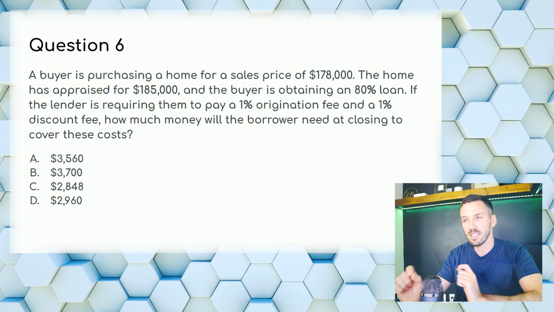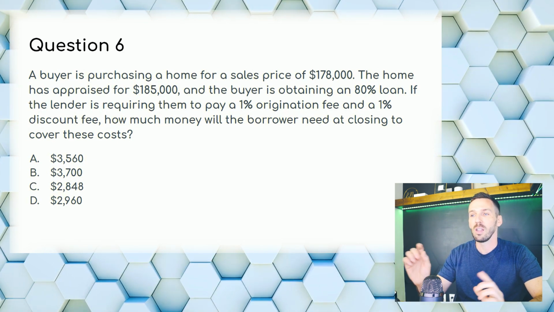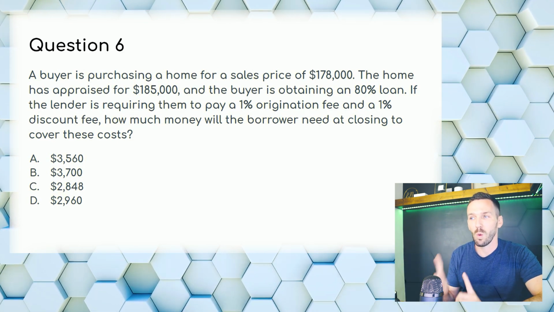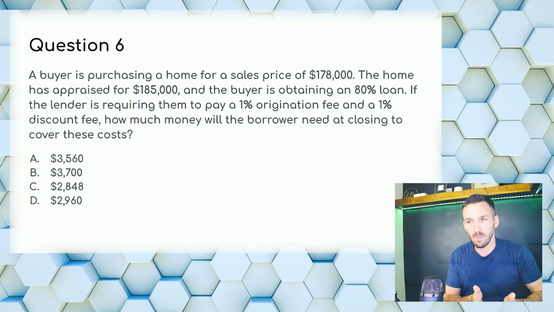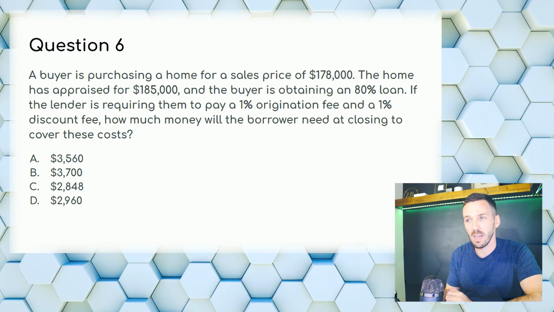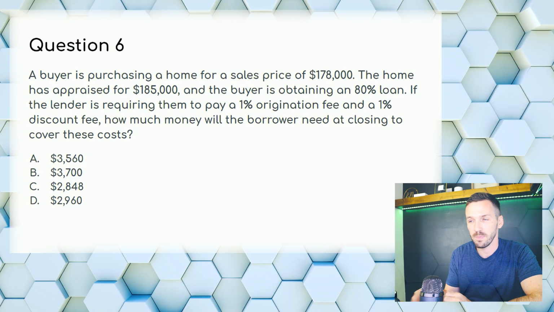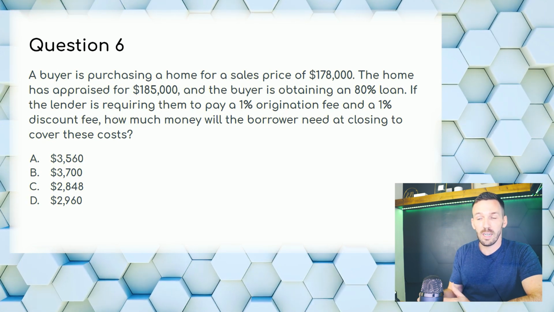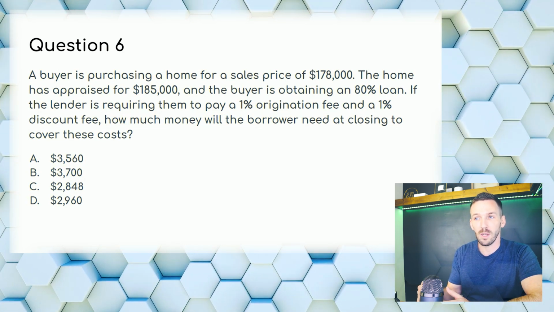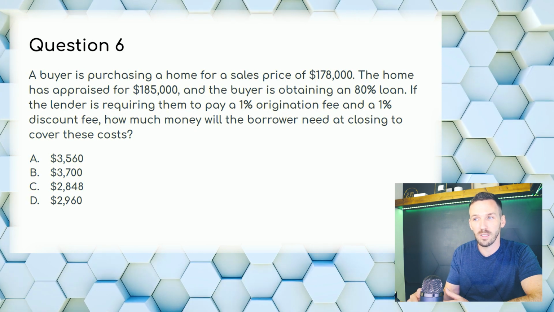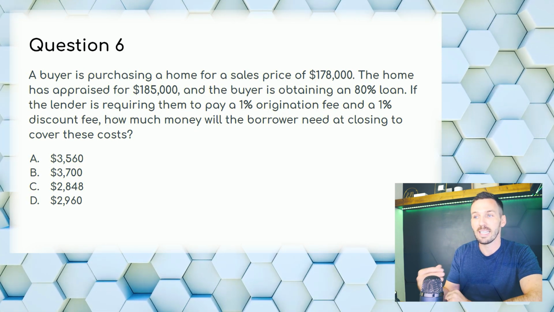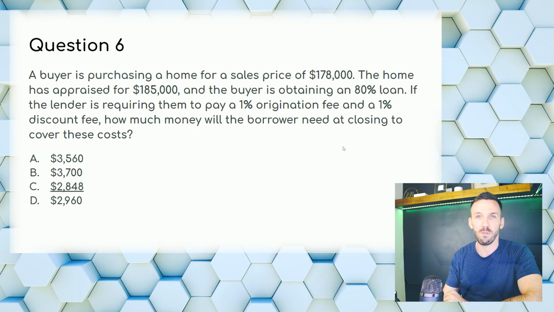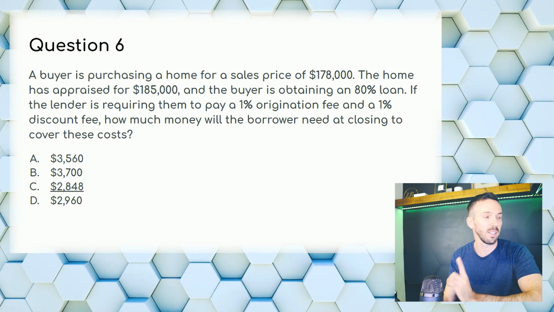The appraised value doesn't matter here at all. The origination and discount fees are 1% of the loan amount. Loan amount is 80% of $178,000. So $1,424 plus $1,424, the two 1%, is $2,848. So the answer here is C.